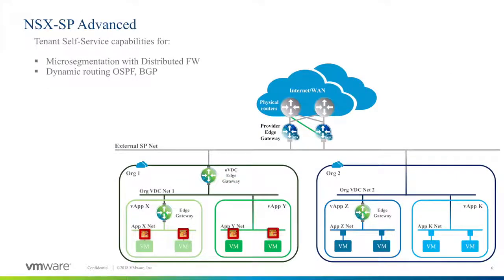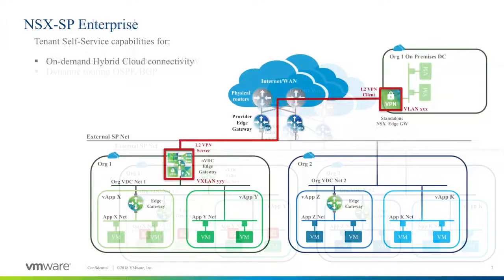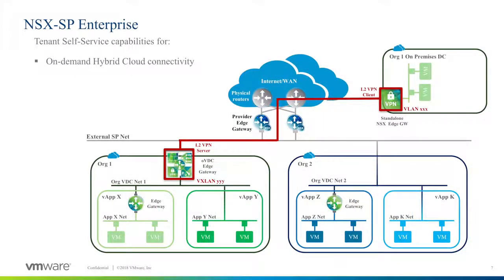NSX Advanced Bundle provides tenant self-service capabilities for micro-segmentation with distributed firewall and dynamic routing. NSX Enterprise Bundle provides tenant self-service capabilities for on-demand hybrid cloud connectivity with the L2 VPN service.